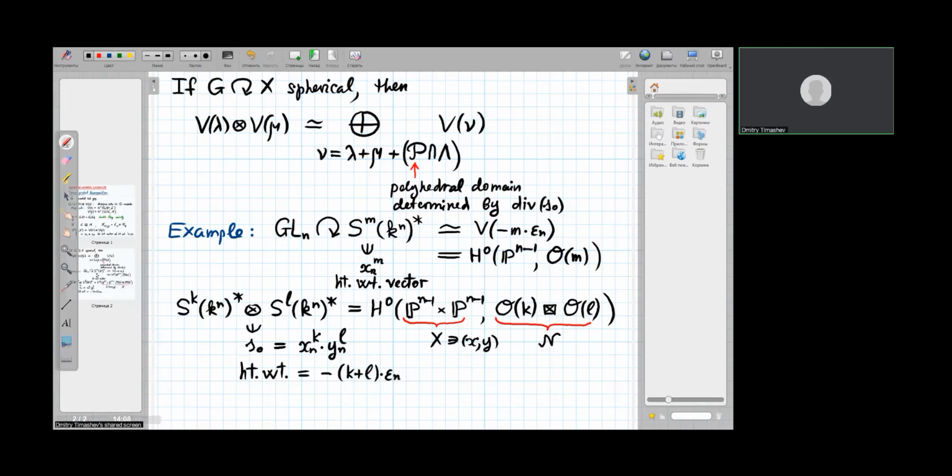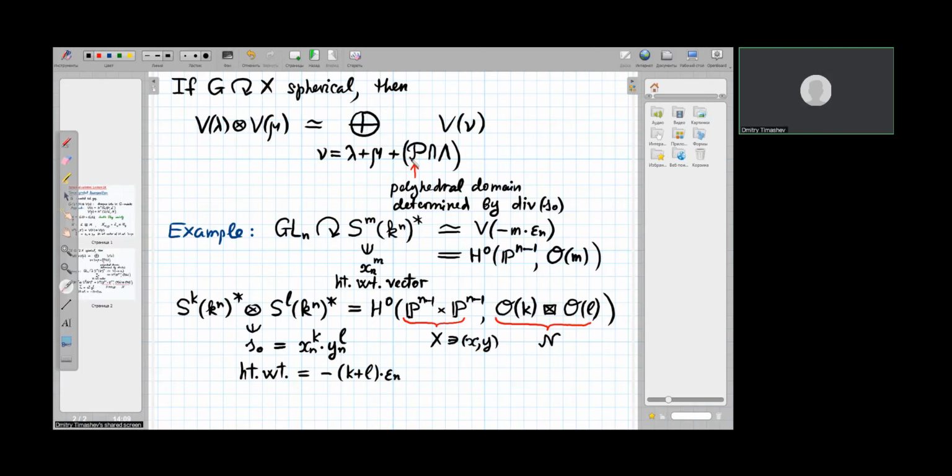This is our initial data. And now we want to apply this formula. We want to compute some part of the colored data of X. Namely, we are interested in the weight lattice and in B-stable prime divisors. And we want to compute this polyhedron P. Well, let's do it.